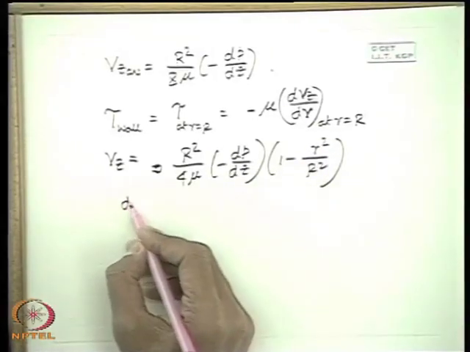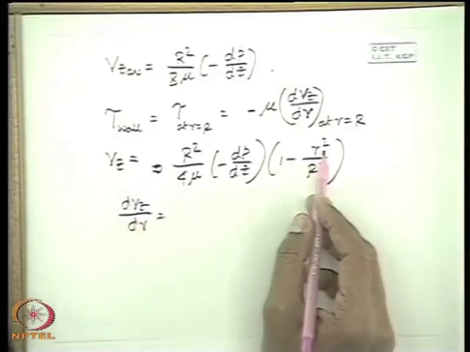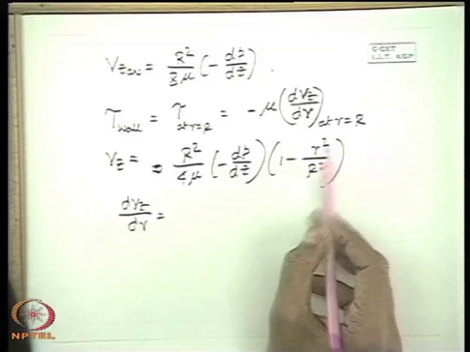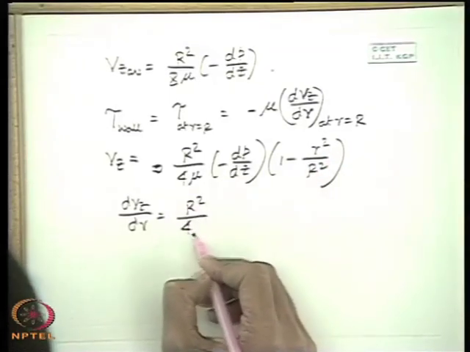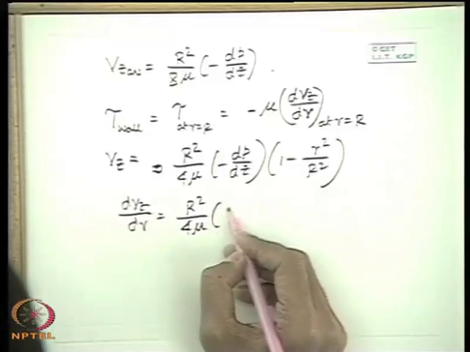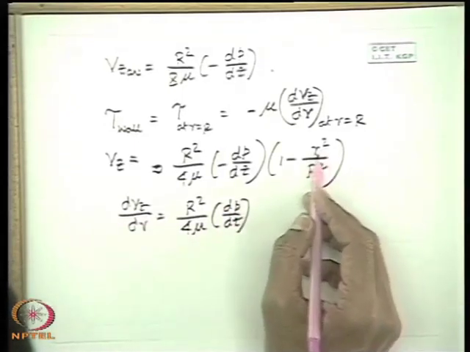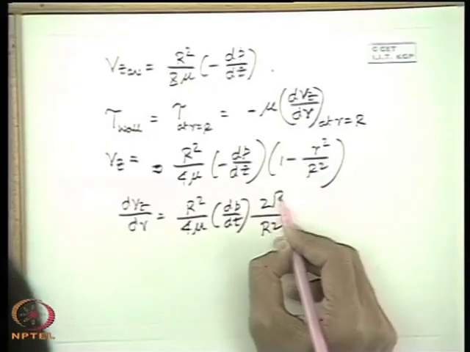So what is dVz dr? Now it is twice r, and at r is equal to R it is twice R. So R square by 4 mu, minus, minus cancels, dp dz into 2r by R square, and at r is equal to R, 2R.